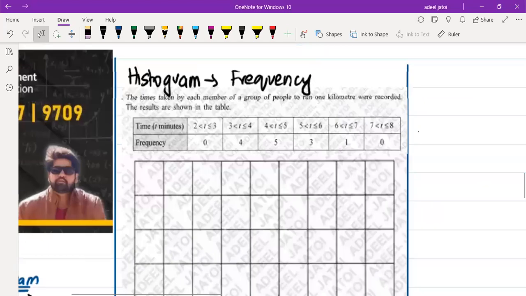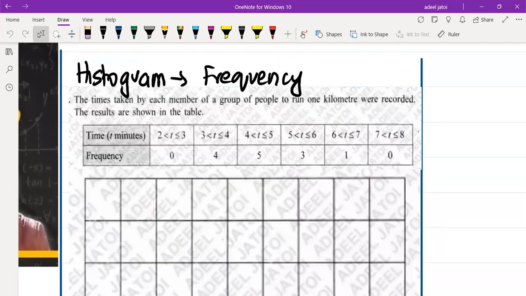That your histogram is dependent upon frequency when you have equal class width. 2 to 3 has a difference of 1, 3 to 4 has a difference of 1, 4 to 5, 5 to 6, 6 to 7, 7 to 8, each has a difference of 1. That means each data given in the range has a difference of 1. So what is this exactly saying?